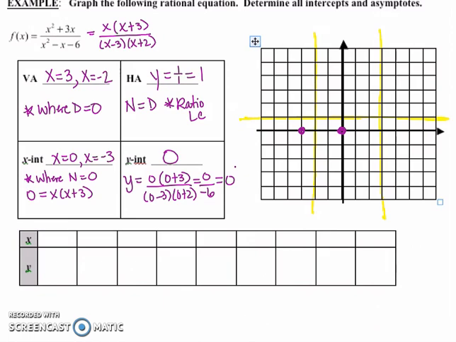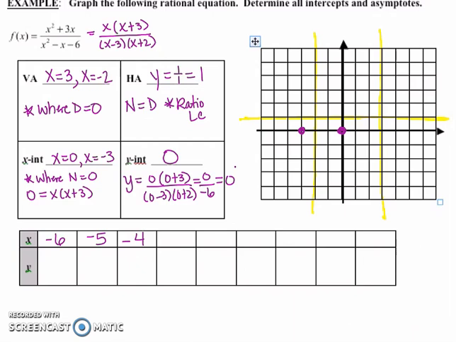So now I need to go ahead and build a table. I need to choose x values that are on all sides of my vertical asymptotes and surrounding my x-intercepts as well. So for my table, I'm going to do negative 6, negative 5, negative 4, and then I know at negative 3 I have an intercept, and at negative 2 I have an asymptote.